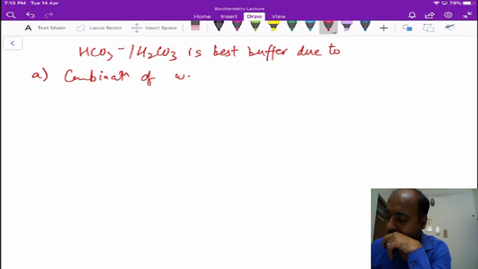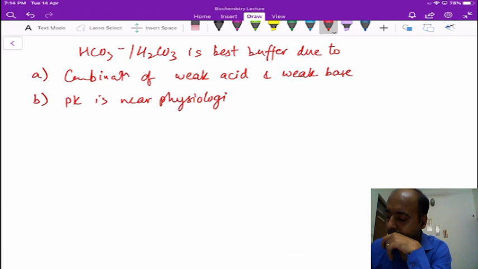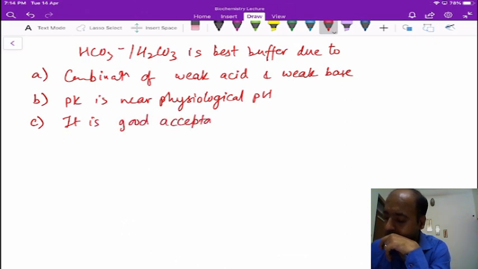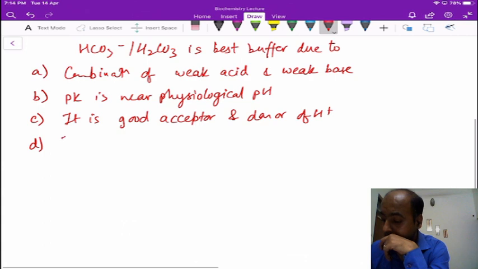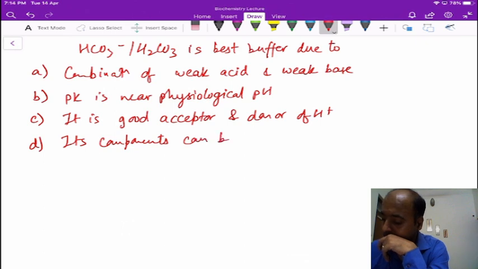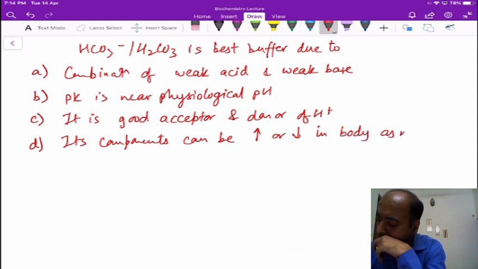Combination of weak acid and weak base, pK is near physiological pH, it is good acceptor as well as donor of H plus, and last, its components can be increased or decreased in the body as needed.